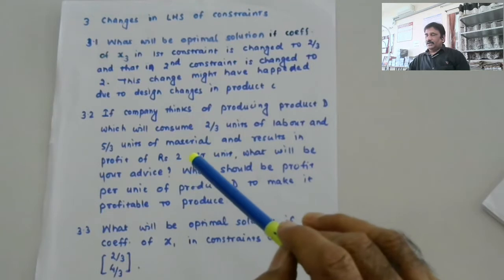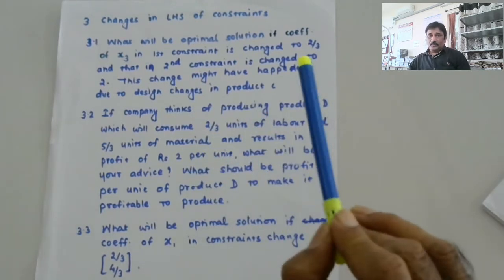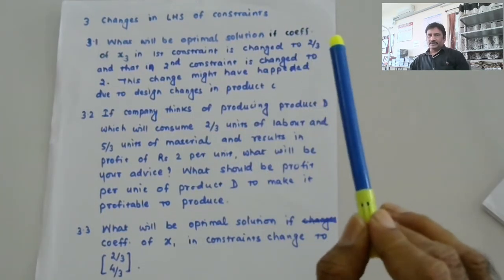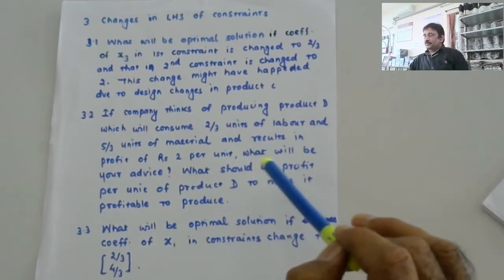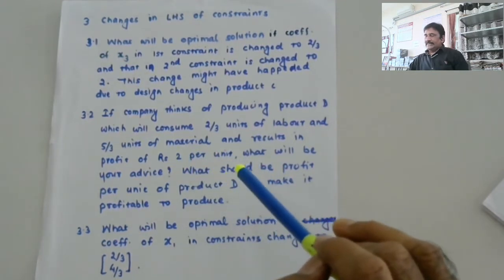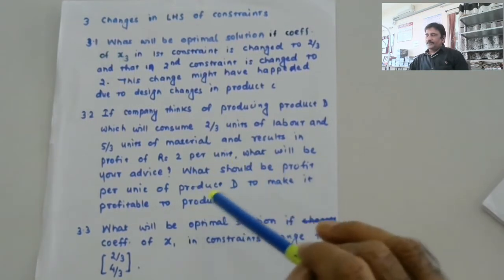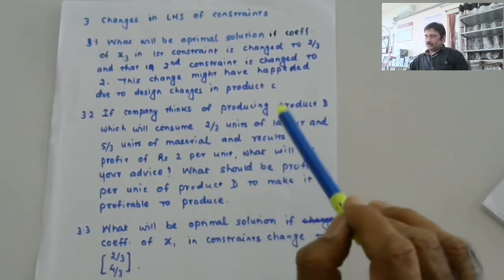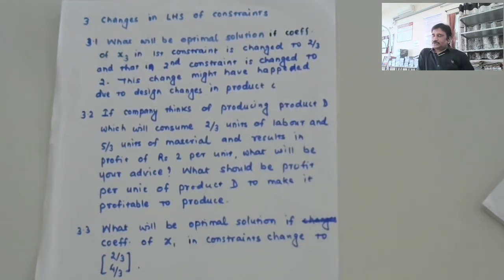What will be your advice, whether to go for producing product D or not, right? What should be the profit per unit of product D to make it profitable to produce?